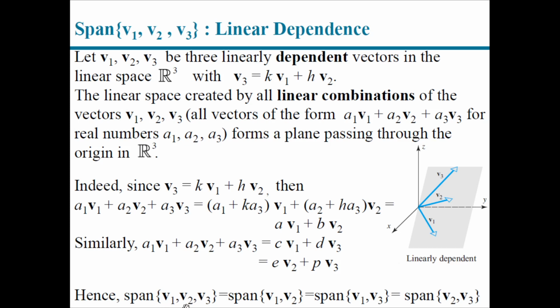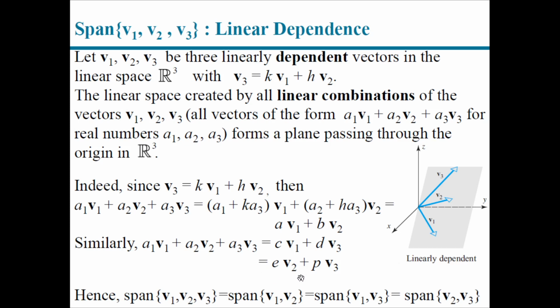Vectors v1, v2, v3, they create the space, but also vectors v1 and v2, and also v1 and v3, and also v2 and v3. So all of these couples here create the same space as these three guys. But these three guys are dependent. So linear dependence is a problem. But v1 and v2 are linearly independent, and they create the space.